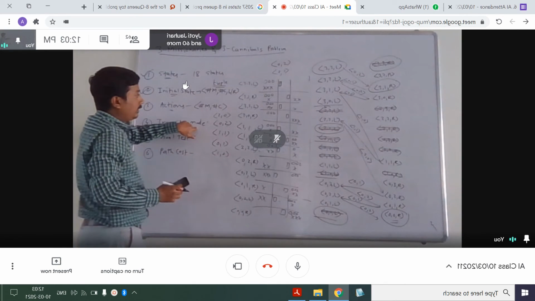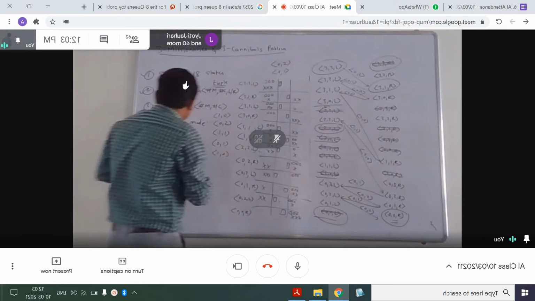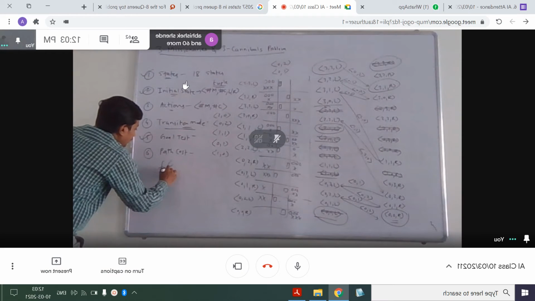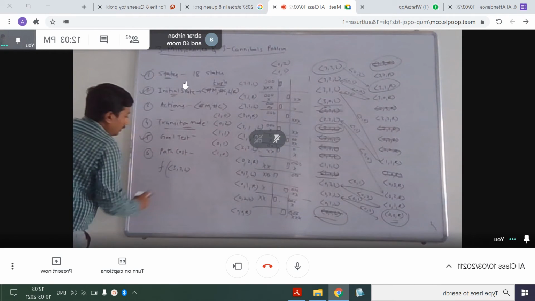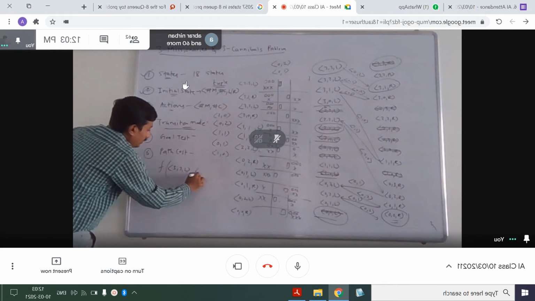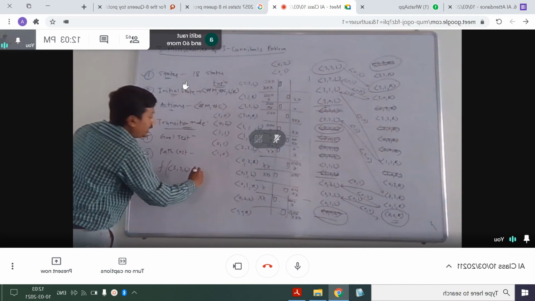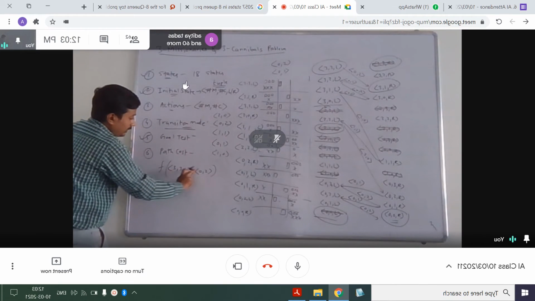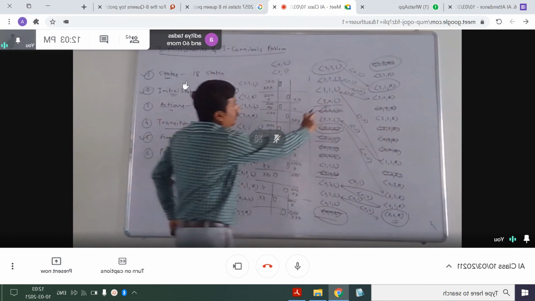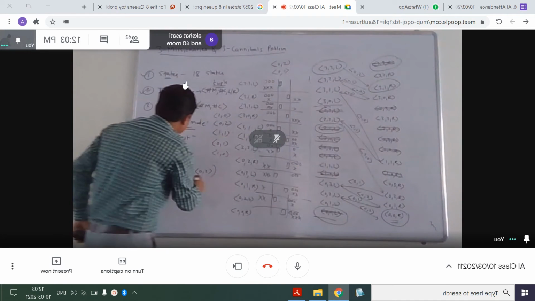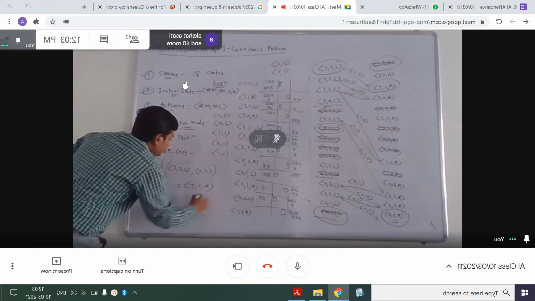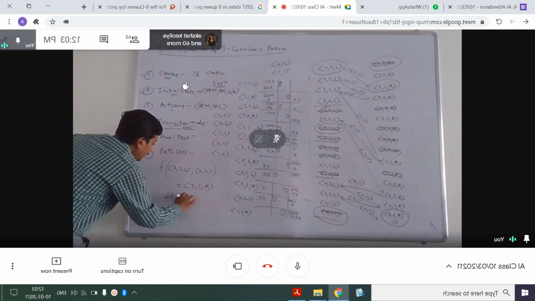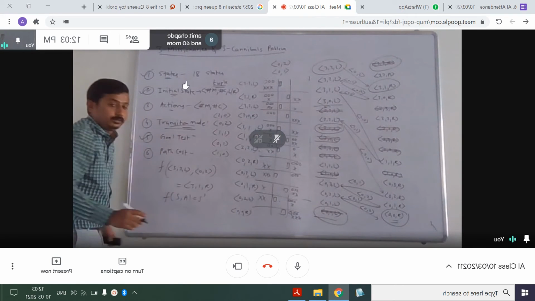Then transition model is governed by this one. For example, we know that transition model is a function, right? So if I say 33L, if on this state my action is this one, from this state if I do this action, I will go to this state, 3 1 R. So this is my transition model, it is a function on state and action, and I will get a new updated state.